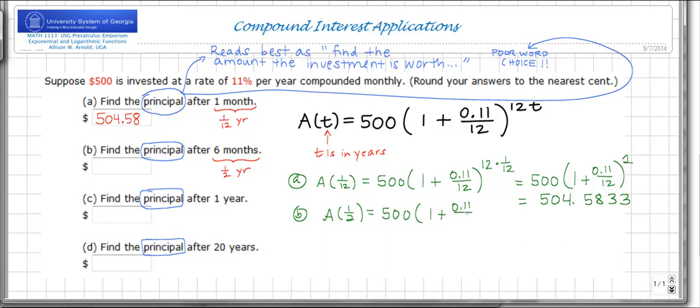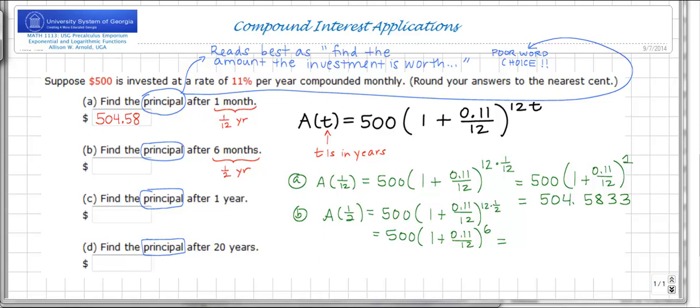Okay, so similarly for part B, you're going to let your time value be 1/2 of a year. So 6 months. Okay, so again, it makes sense that our new exponent should be 6 because it's compounded monthly for 6 months. Okay, let's do the calculation. And I have a value of $528.